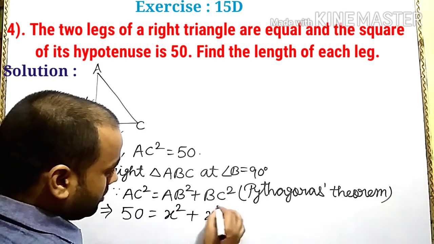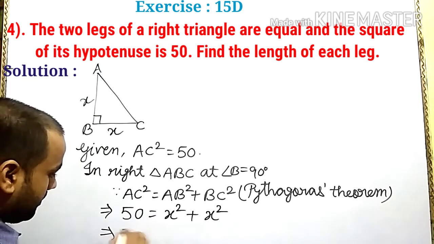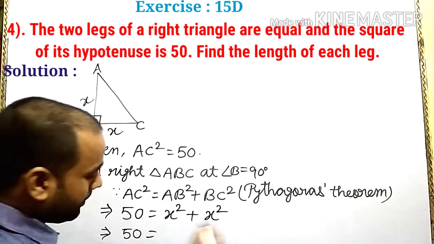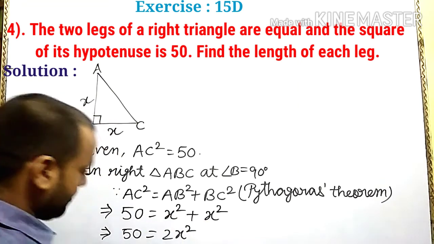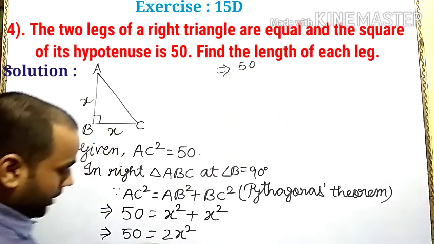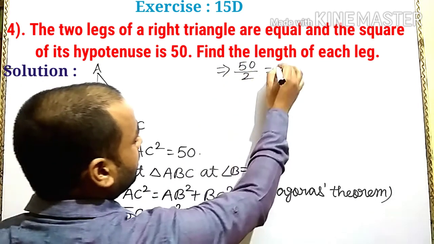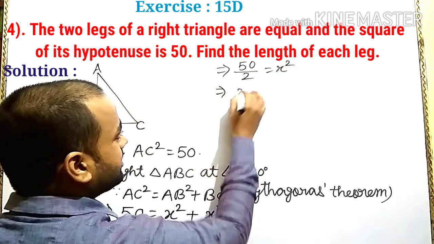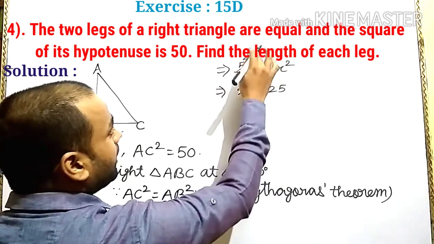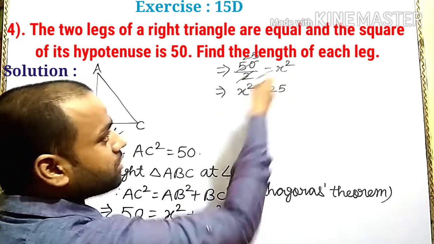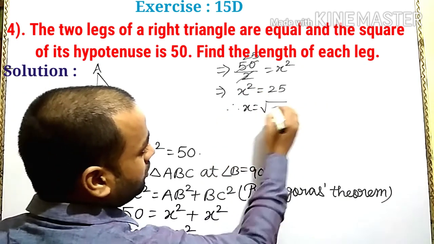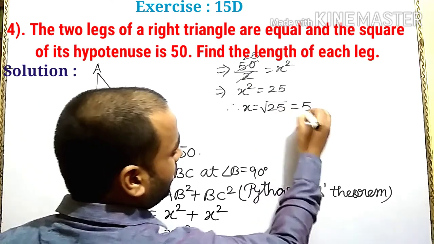BC is equal to x, the square of x. 50 is equal to x square plus x square, 2x square. Therefore 50 divided by 2 is equal to x square. We write simply x square is equal to 25. So therefore x is equal to the square root of 25, which is equal to 5.